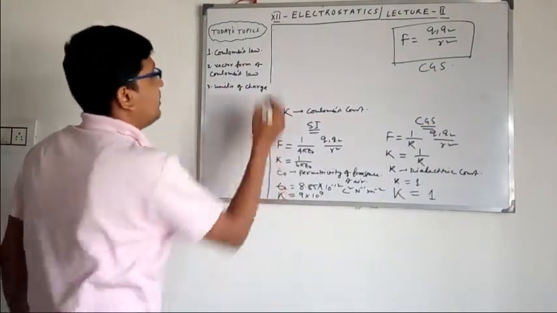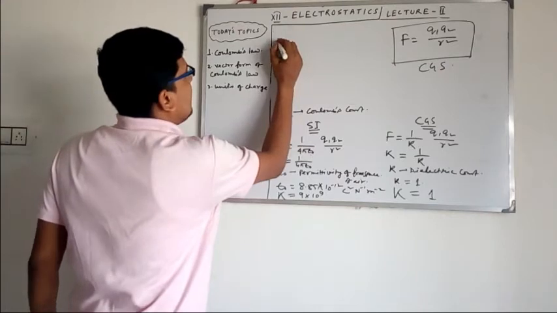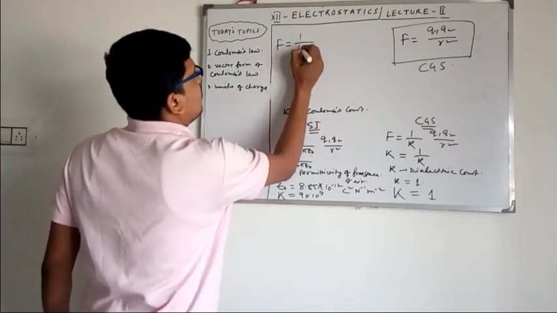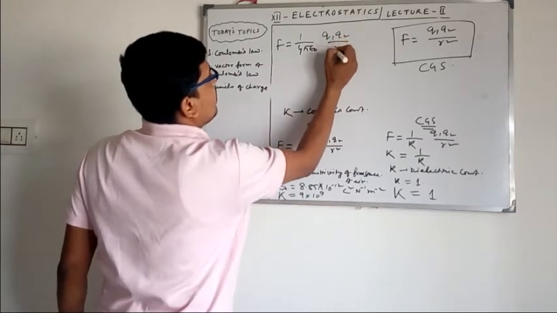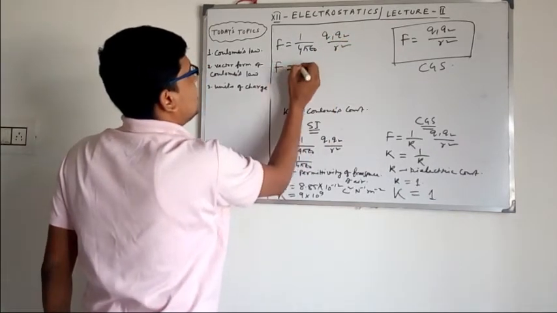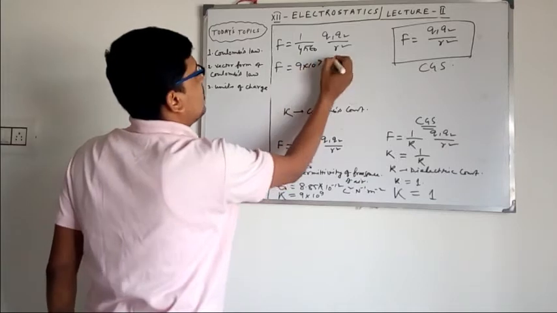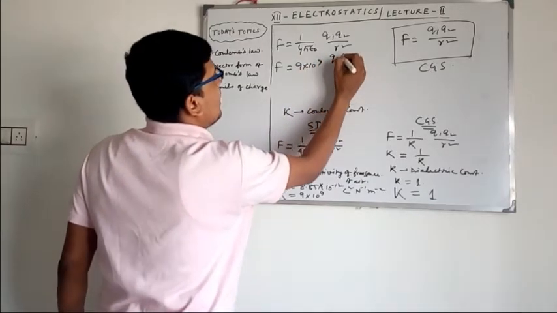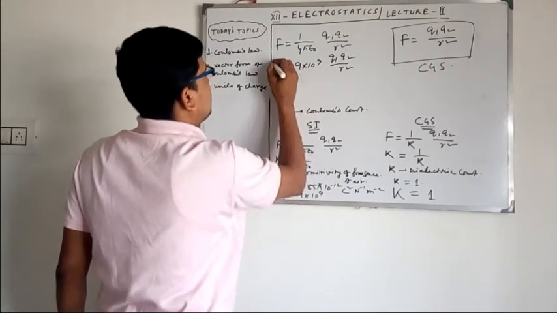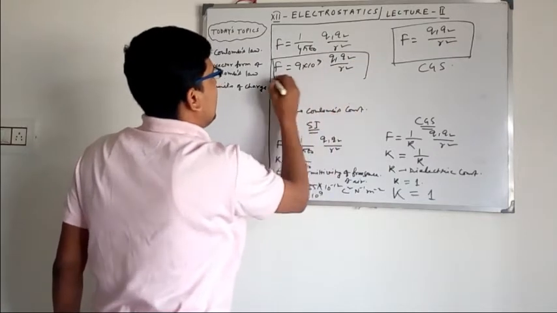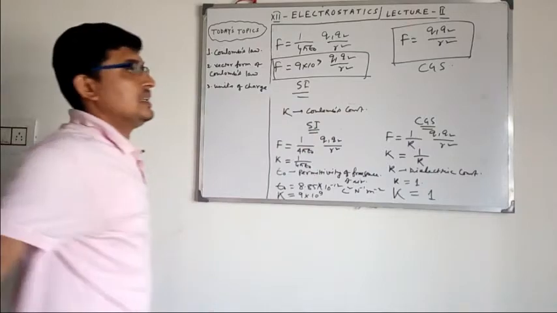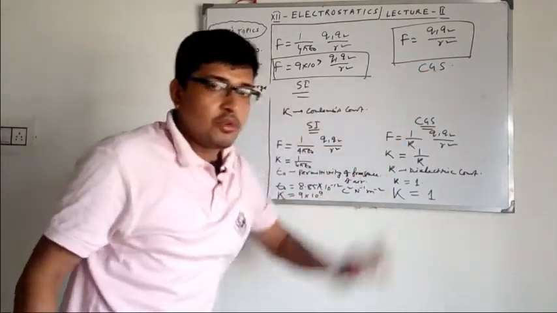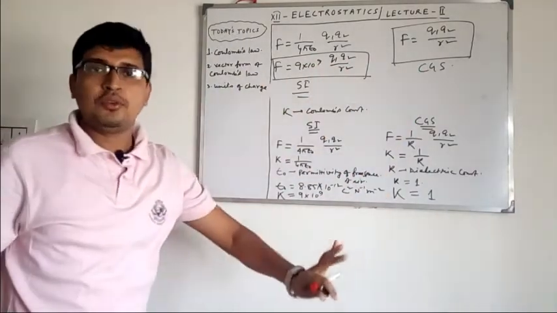And in SI system, this will be F is equal to 1 by 4 pi epsilon 0 Q1 Q2 upon R square, or F is equal to 9 into 10 to the power 9 Q1 Q2 upon R square. This is the expression of Coulomb's law in SI system. These are the forms of Coulomb's law in two unit systems.